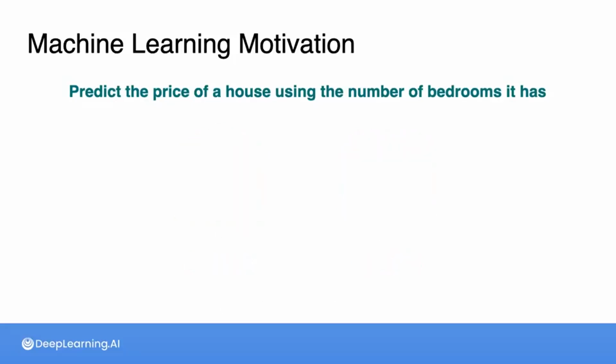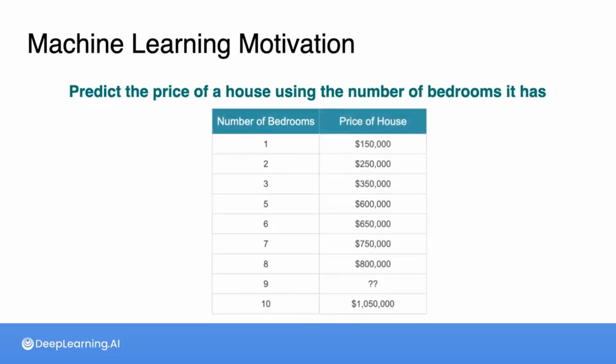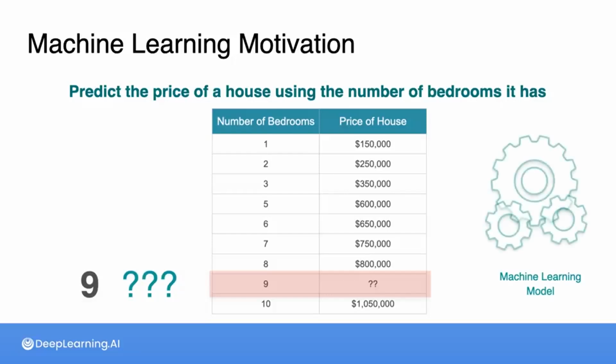So luckily, you have a lot more data about the pricing of a house given the number of bedrooms, as is shown on this table. See, in this table, you have houses with 1, 2, 3, 5, 6, 7, 8, and 10 bedrooms with their prices. And then there is this 9-bedroom house that is still missing its price. So you decide to build a machine learning model to help you predict the price of the house with 9 bedrooms.